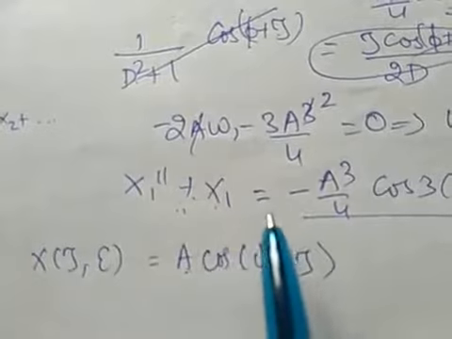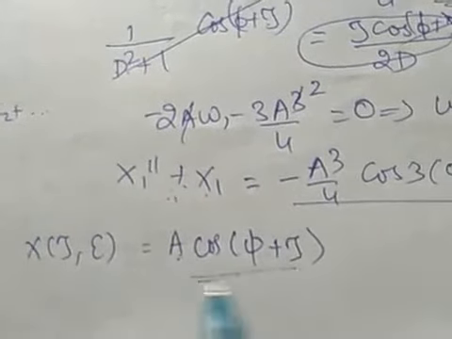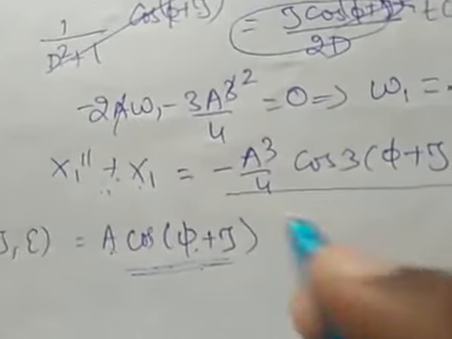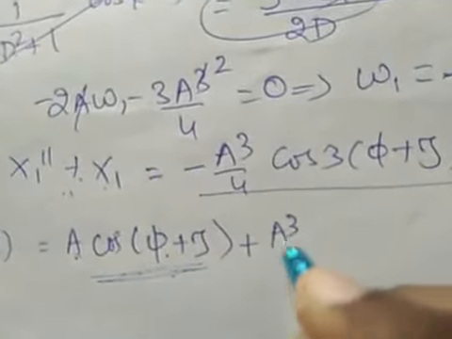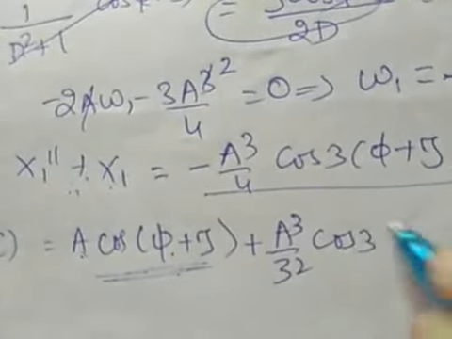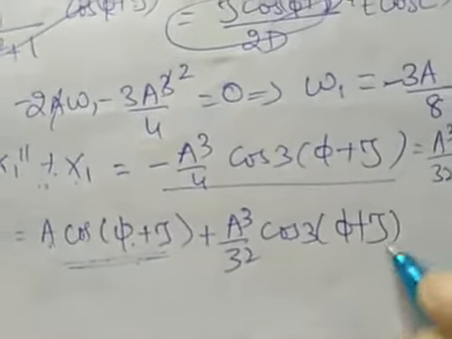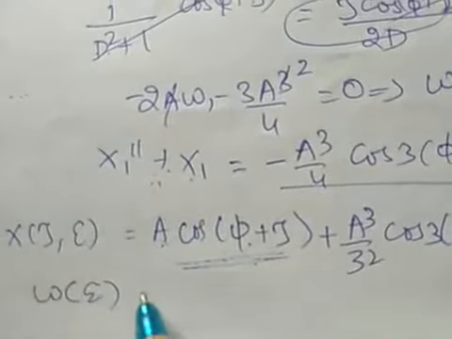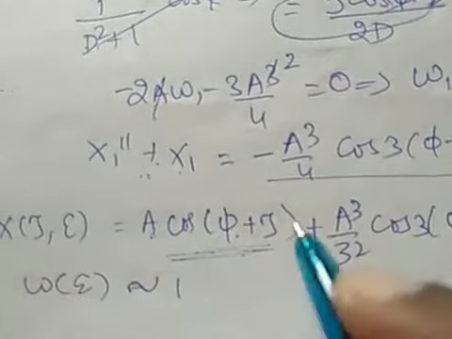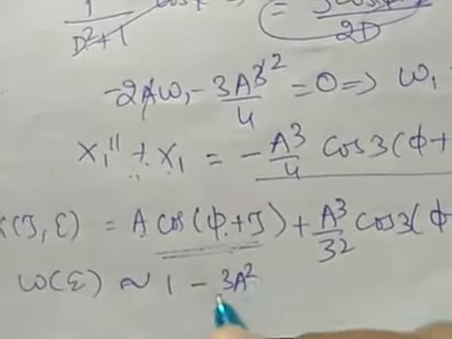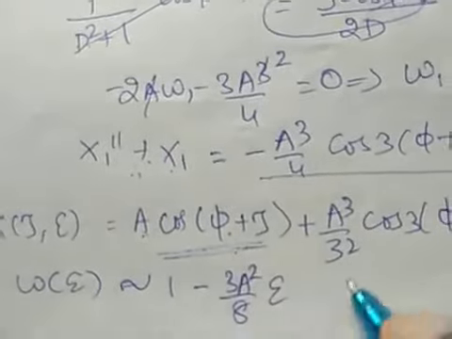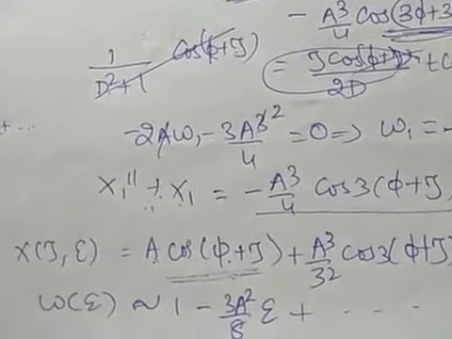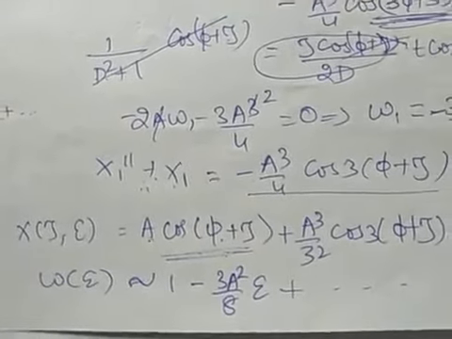When we use the cos(A+B) formula, we will get this term again, so I am not going to rewrite it. I retain it as it is, plus the particular integral, a cube by 32 cos(3 phi plus 3 tau) into epsilon plus etc. And what is our omega of epsilon? It is asymptotic to 1 minus 3a square by 8 epsilon etc. So this is the solution of the Duffing equation without initial condition.